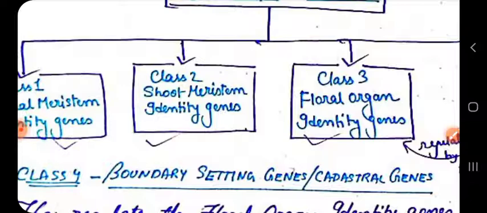This gene has the opposite effect that of class 1, if I am not wrong. Wait for a minute. So we get class 3, we get class 4. Okay, no problem. So this example is the shoot meristem identity genes class.